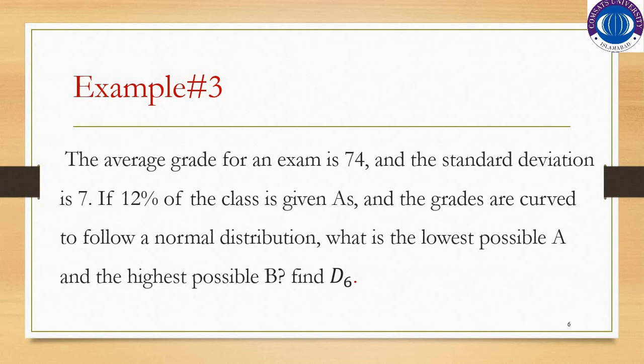If 12% of the class is given A's and the grades are curved to follow a normal distribution, what is the lowest possible A and the highest possible B?